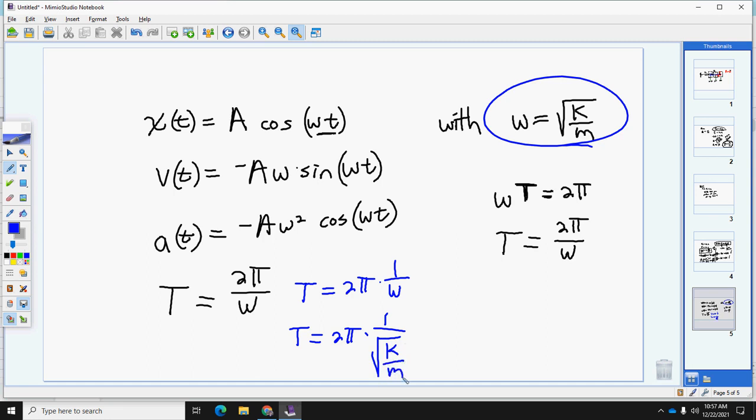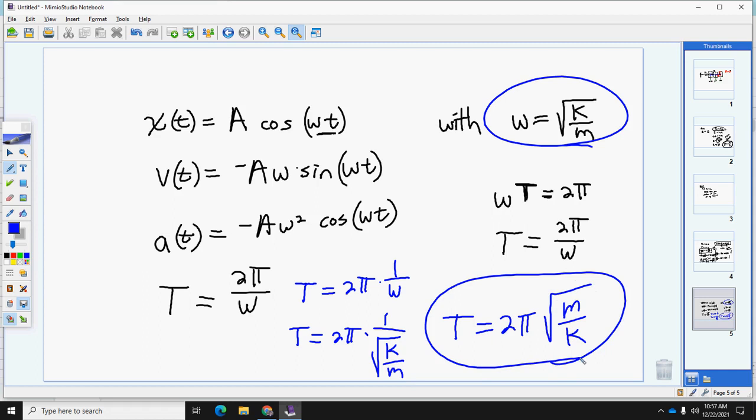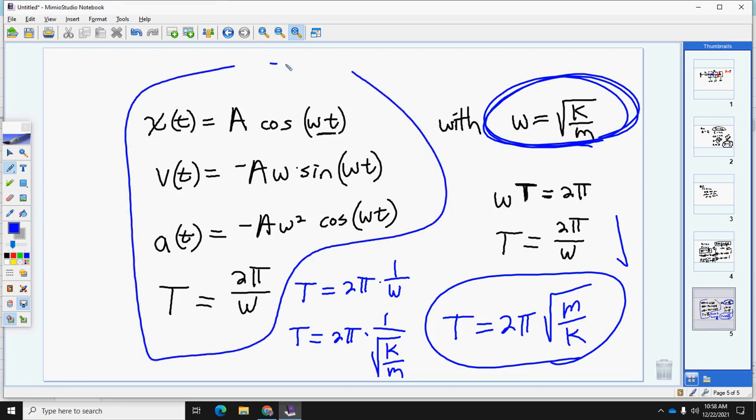And another way of writing that is the period is equal to 2 pi square root of m over k. And that's the formula you learned in AP Course 1, the period of a mass on a spring formula. This year, we actually derived it. Once you know omega, you found all the formulas you need to describe the particular example of simple harmonic motion.